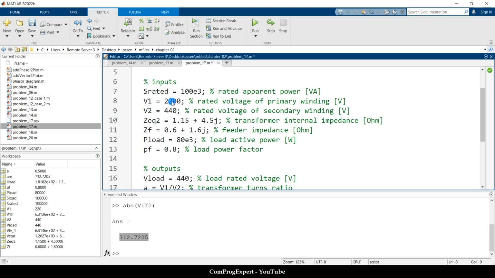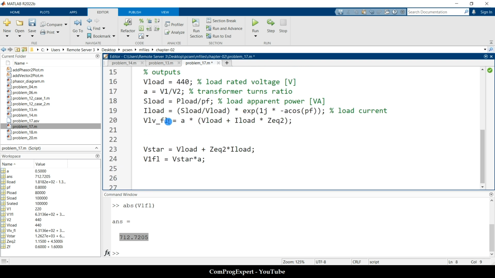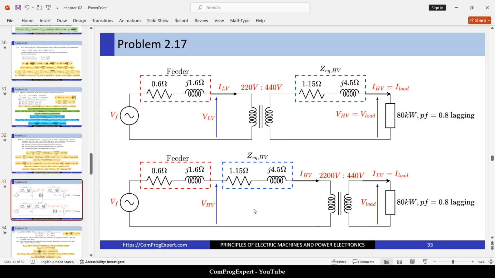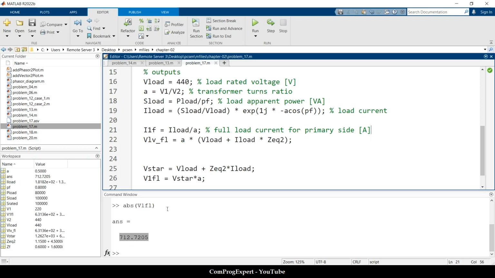If we consider 2.2 here, this is the value of the current. I1 full load is the load current divided by A. So this is the full load current for the primary side, and this is the V1 full load, or V high voltage, for the rated current.